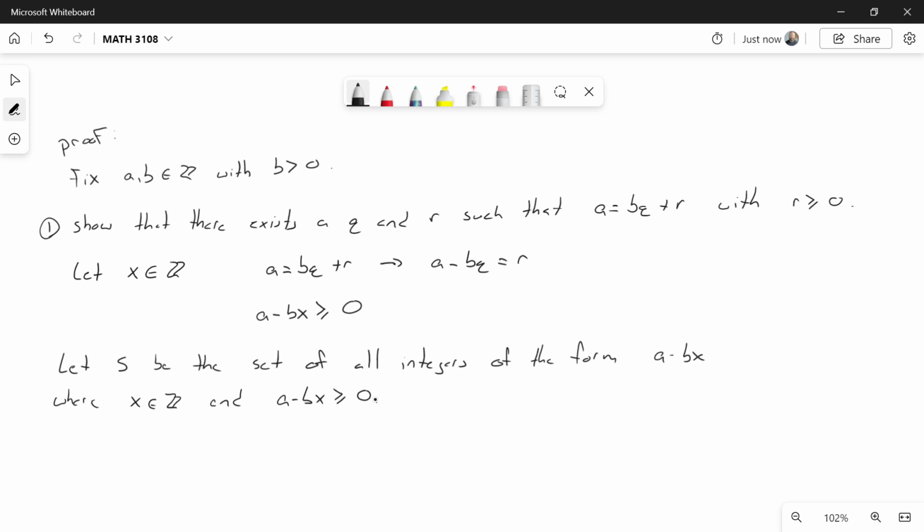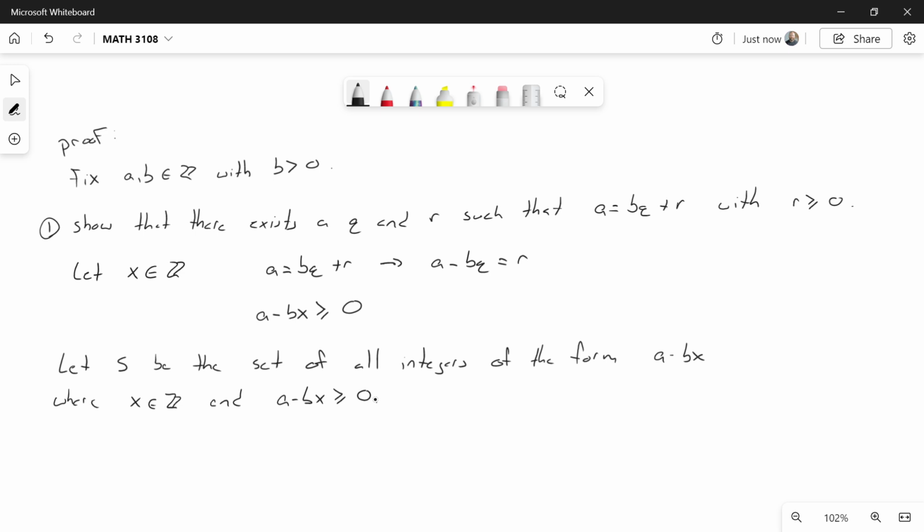So let's just think of what S is going to be. S is going to be a set of these remainders. So we've been able to find an x and a remainder such that that remainder is going to be positive. So I'm building S to be a set of positive integers or positive remainders overall.